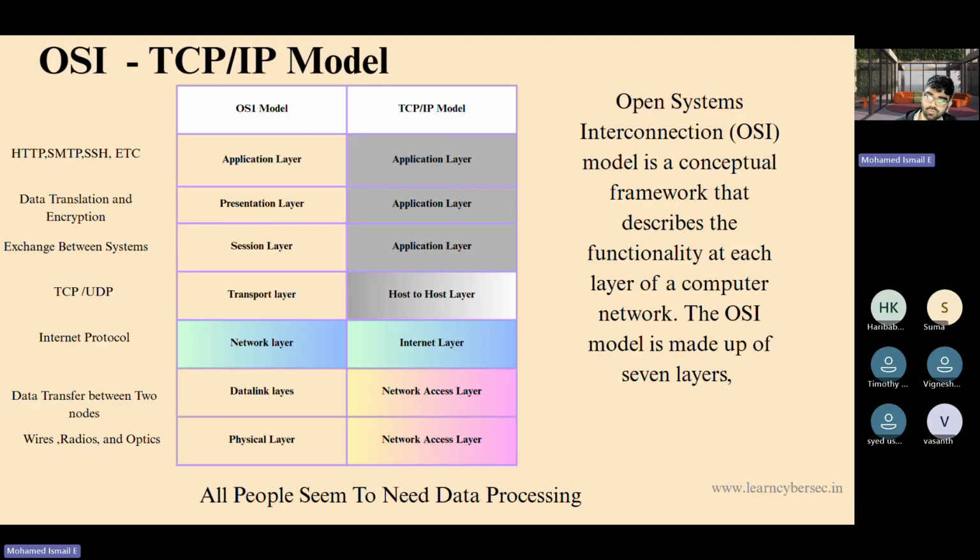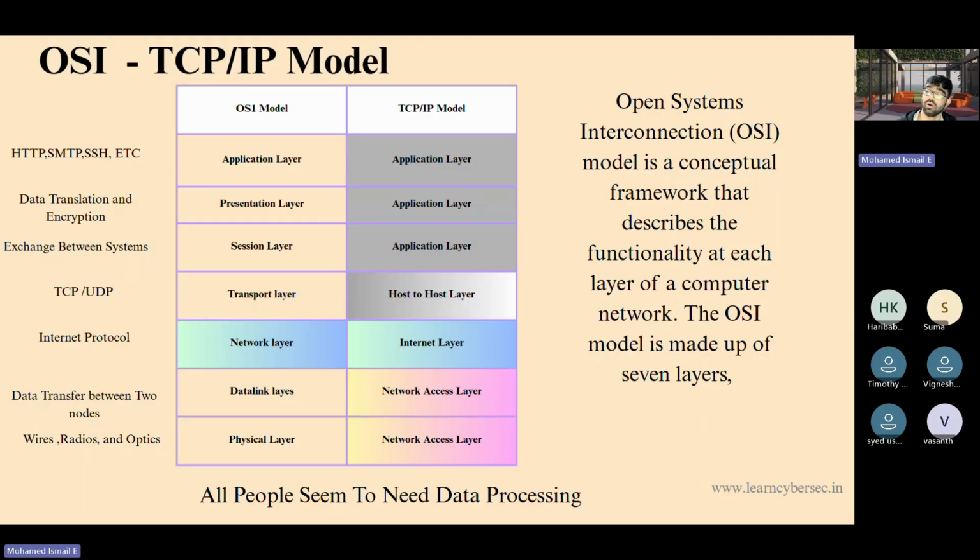From each word, A is the application layer, P is the presentation layer, S, seem, is the session layer, T is the transport layer, N, need, is the network layer, D, data, is the data link layer, and P is the physical layer. This is not the only mnemonic. There are many ways people create their own phrase to remember, so whatever suits you, you remember.